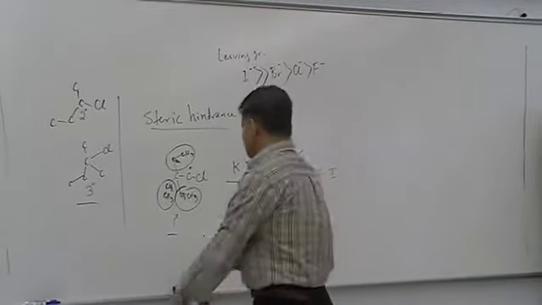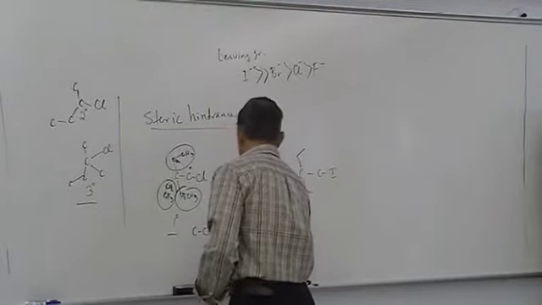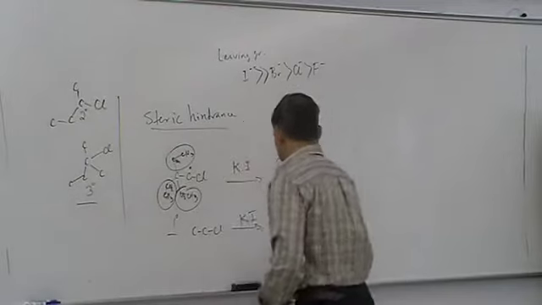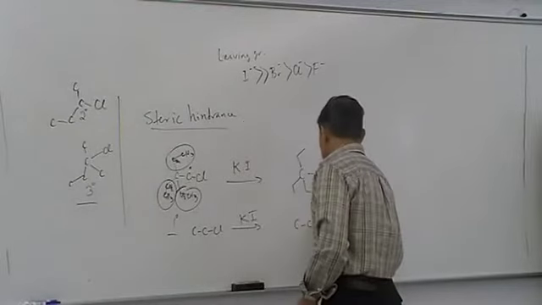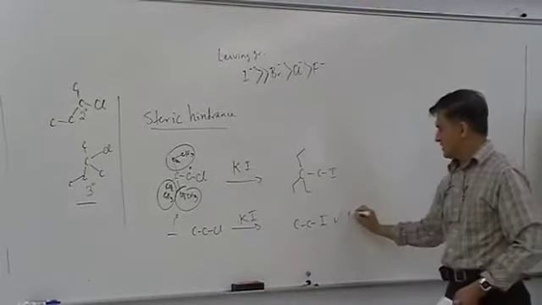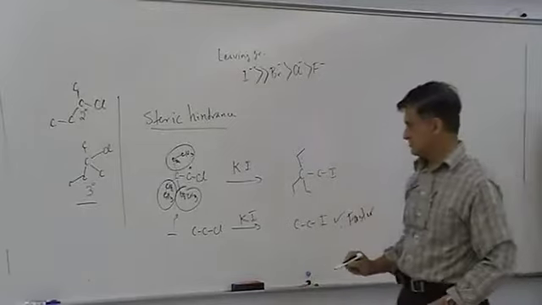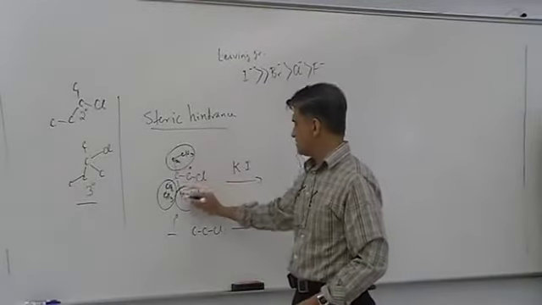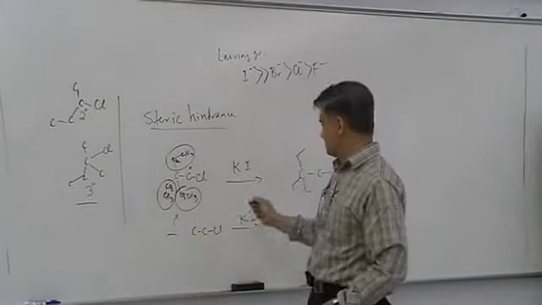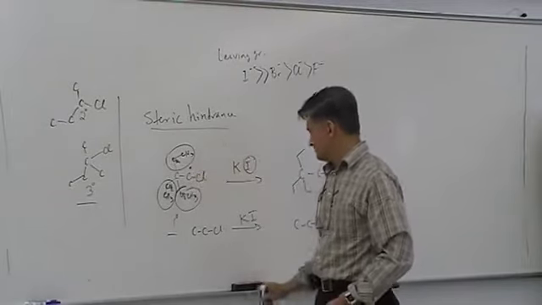Let's draw another one. CCl, KI, where I is minus and K is plus. So this is going to give CI. Obviously, this is going to be faster. Why? We call it steric hindrance. This has 3 big groups around this carbon, and that's going to slow down the attachment of iodine to this carbon.